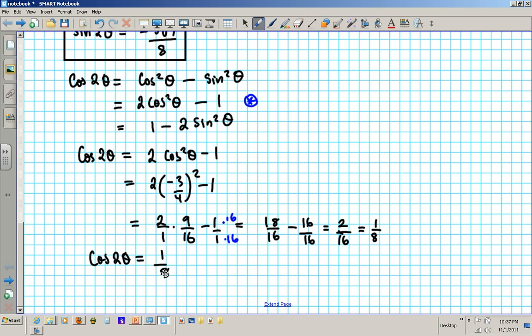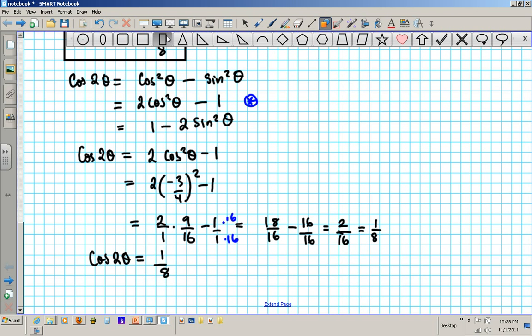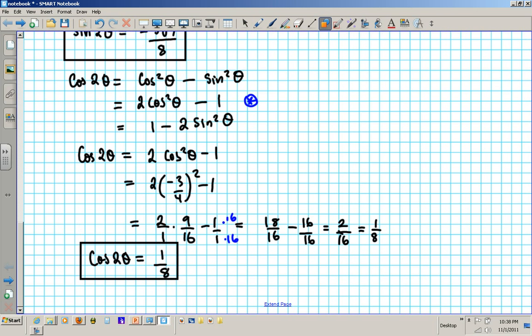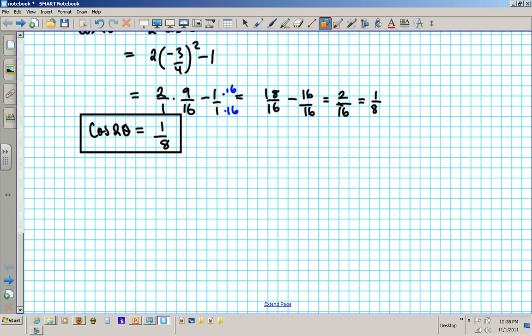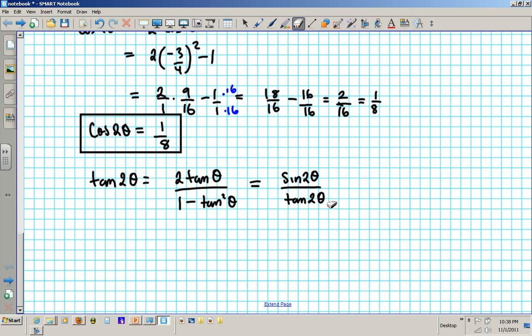Alright, now let's move on to the last one, which is tan 2 theta. Now we have 2 options for tan 2 theta. We can either use the identity 2 tan theta divided by 1 minus tan squared theta, or we can use sine 2 theta divided by cosine 2 theta.